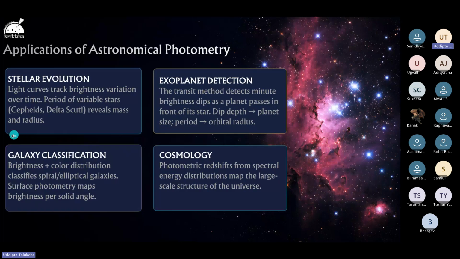Next we have galaxy classification. What we measure is brightness distribution, and what we learn is galaxy type and age. Next, and the most important, is cosmology. What we measure is color-based redshift, and what we learn is the universe's structure.